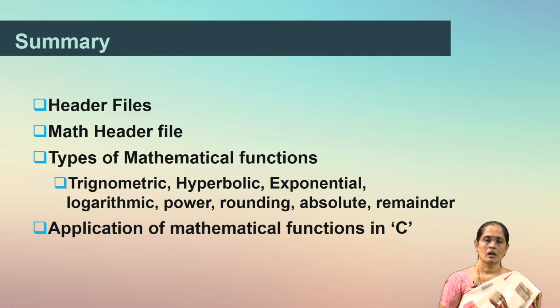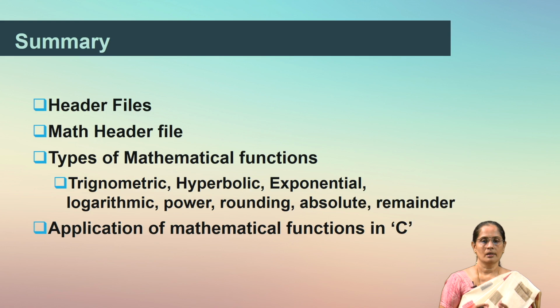Also we have seen rounding functions, round, ceil and floor, and how they can be applied in a C program. And abs is used for calculating the absolute value of a given floating point value. Also we have seen the fmod function to calculate the remainder of a division.